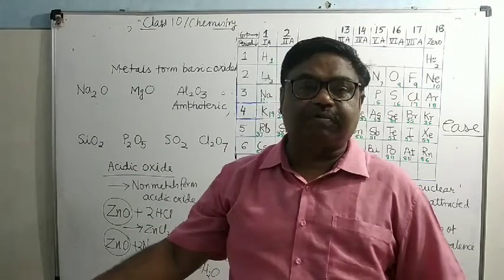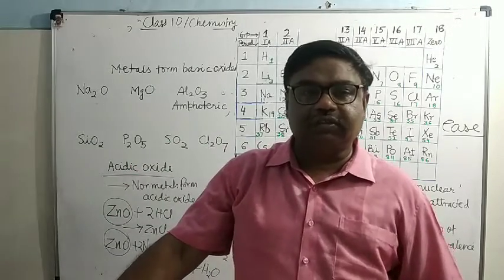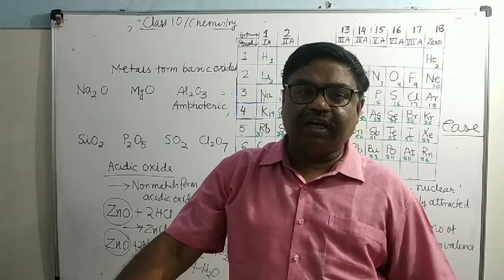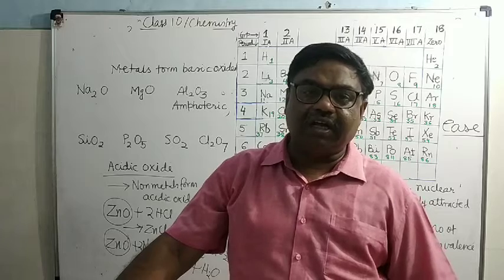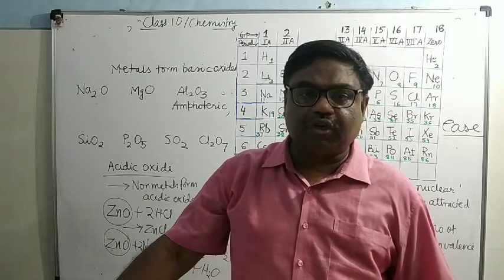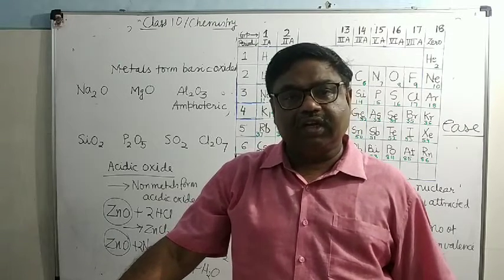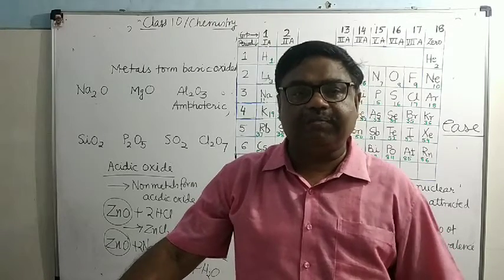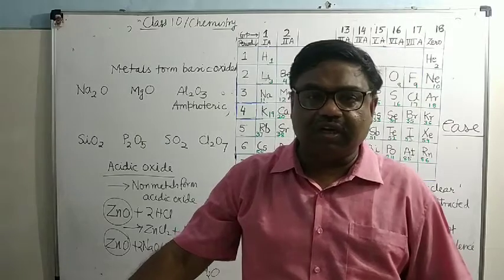There are 6 periodic properties in your course. First one is atomic size. Second is metallic character. Third, non-metallic character, ionization potential, electronegativity, and electron affinity. Now these last three are very important. That I will also do in the next lecture.